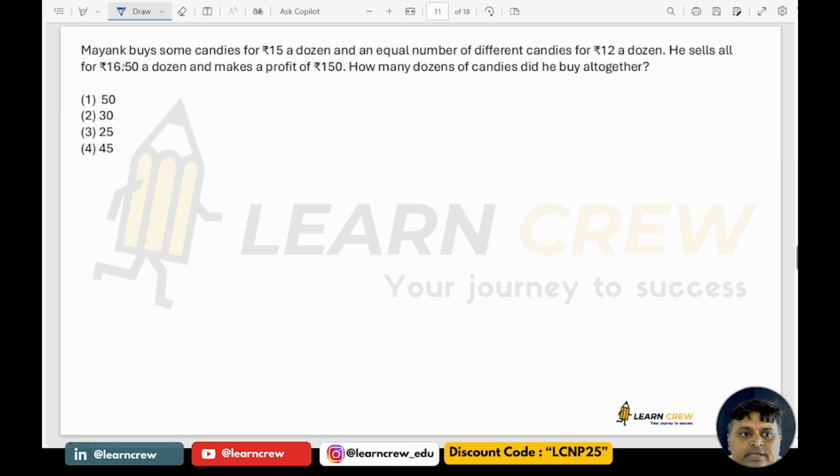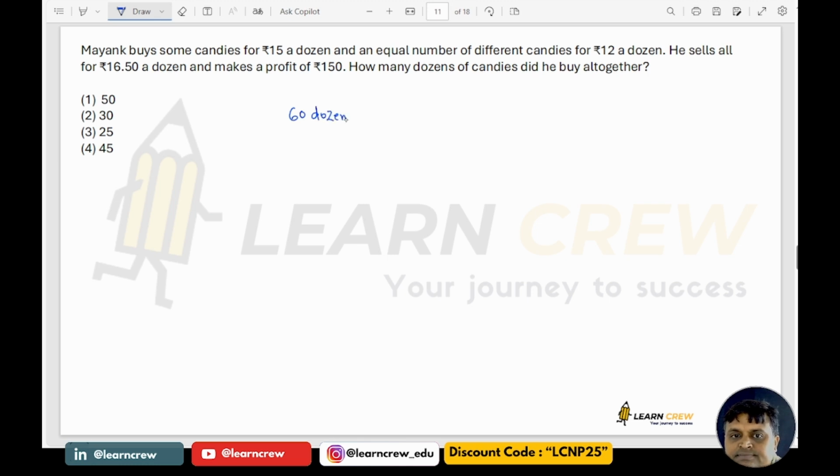Please see here, Mayank buys some candies at 15 rupees a dozen. Per dozen 15 rupees. Here per dozen different candies at 12 rupees. 15 and 12. What is the LCM? 60. So I am taking that in this case he is buying 60 dozens.